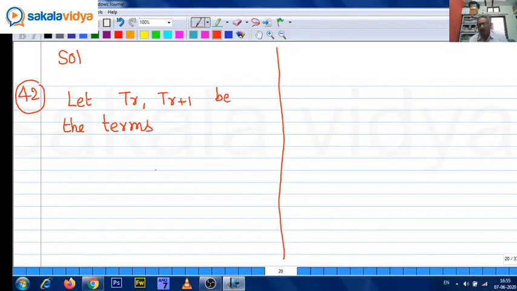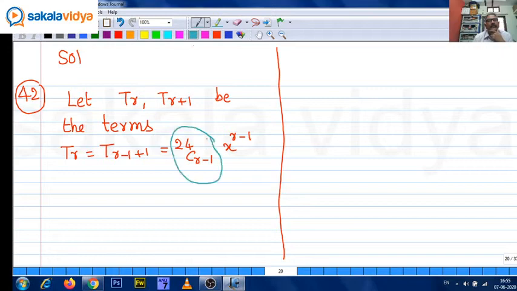Let us find out TR first. TR can be written as T(R minus 1) plus 1. So we can write 24C(R minus 1) into x to the power of R minus 1. But we need only successive terms whose coefficients are in the ratio, so we only need to consider the coefficient.